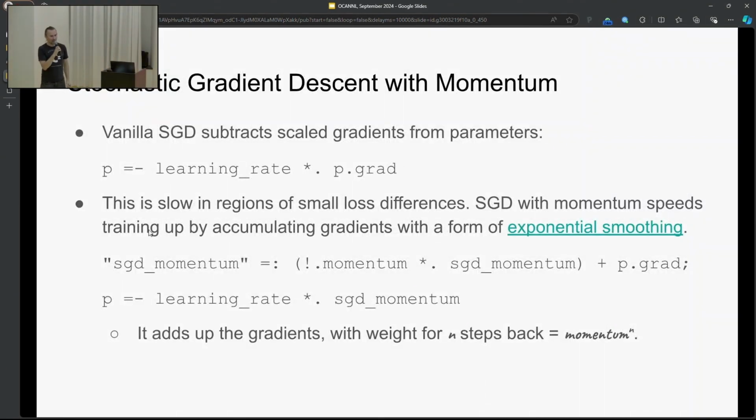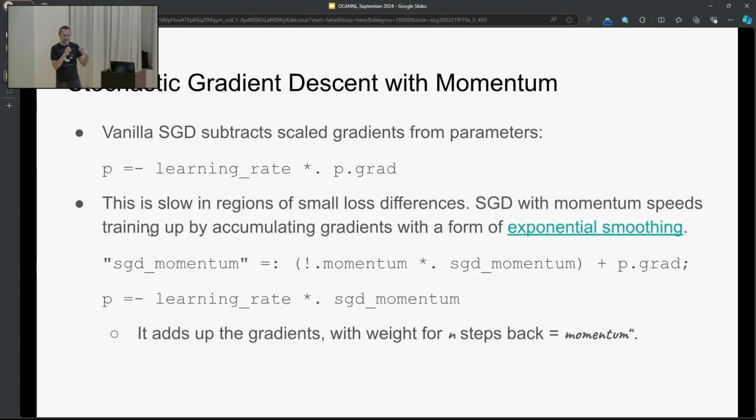So how to best update parameters once we know the gradients? The vanilla way would be to just subtract the gradient from the parameters, since a loss is a bad thing, so we want to go in the opposite direction of the loss. But that can be slow when the loss space is smoother, when there's less variation in loss.